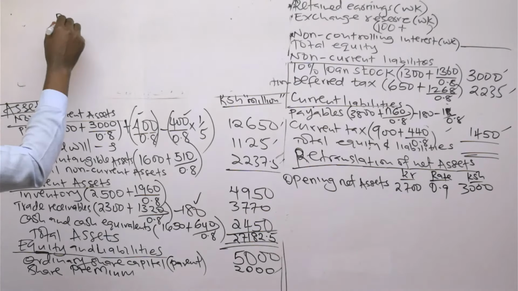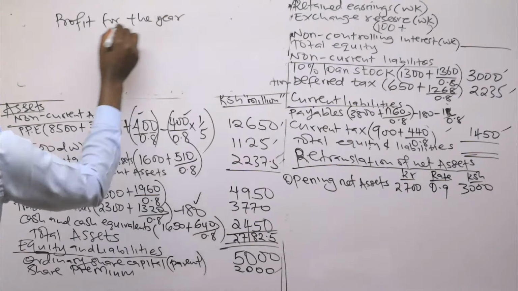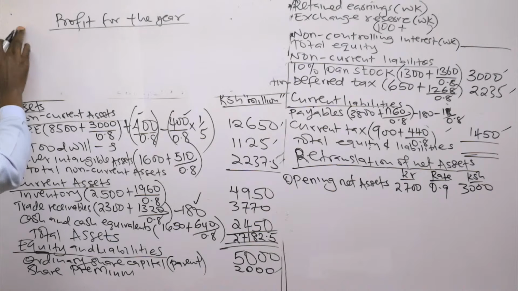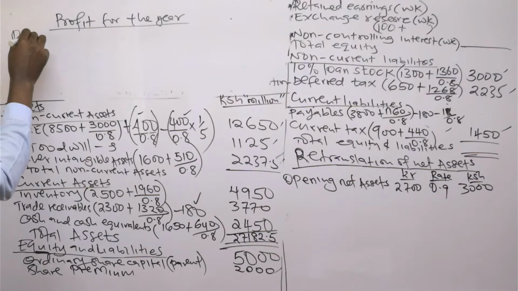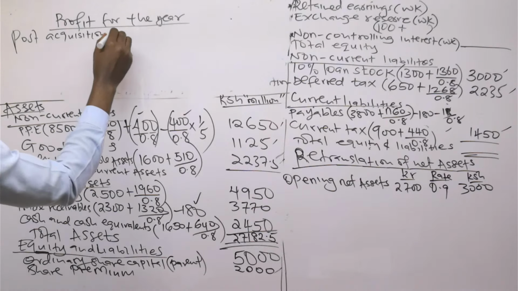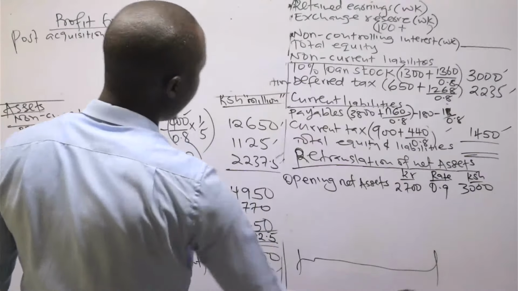So profit for the year, the post-acquisition profit. So how would I be able to get the post-acquisition profit? I have to look at post-acquisition profit, that is during the period from October to the end of the year.